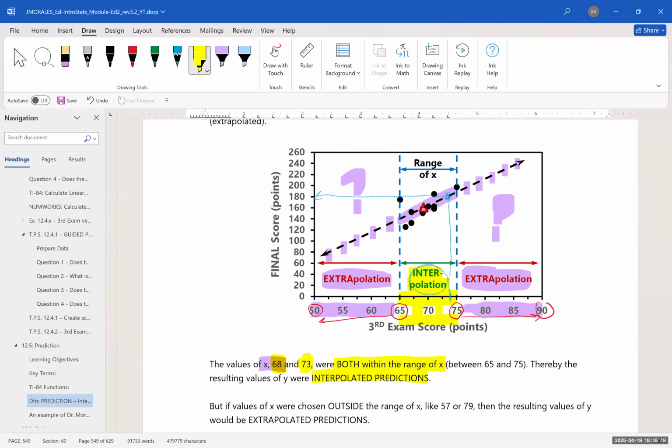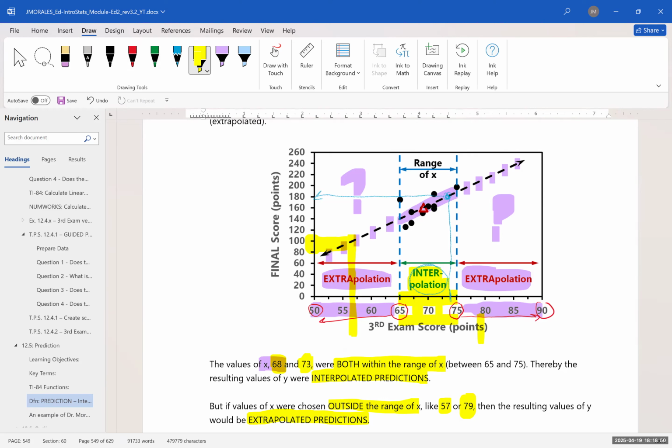But if values of x were chosen outside the range of x, like 57, which would be somewhere right about here, or 79, which would be somewhere right about there, then the resulting values of y would be called extrapolated predictions. If we took a value of 57, went up to the line of regression and went over, then maybe the value of y we would get would be around 90. That would be an extrapolated prediction.